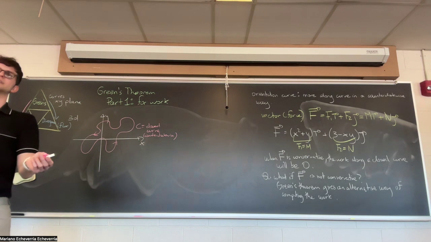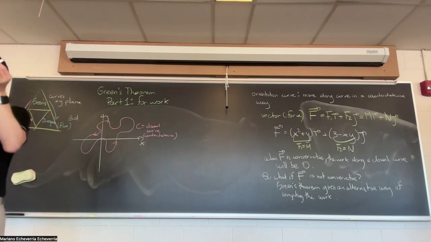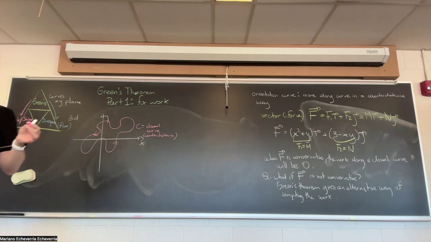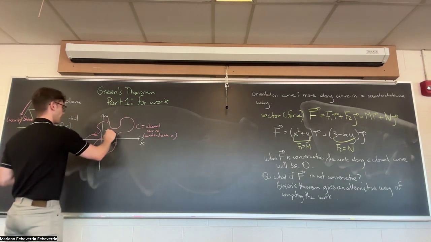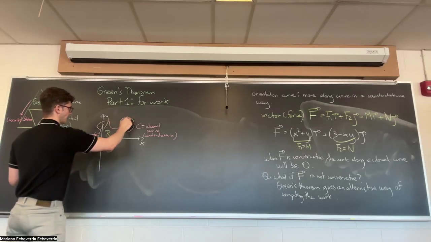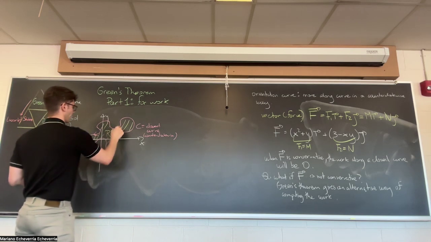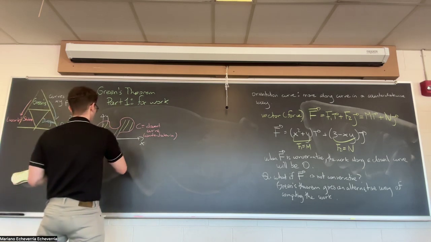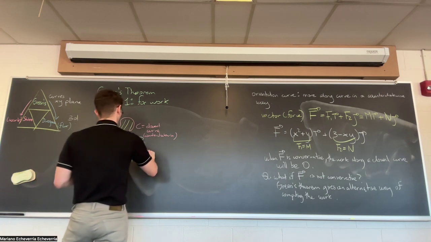Because if the curve is closed, it's almost redundant: it encloses a region, right? There's a region on the plane that's enclosed by the curve. So let me color it. R is the region enclosed by the curve.